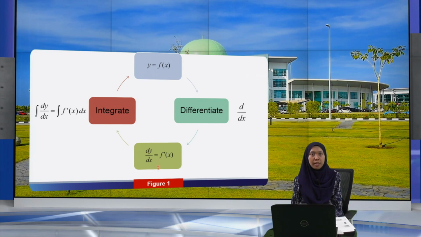When we integrate the resulting derivative, we will get the original equation, the original function. So integration is the process of anti-differentiation.